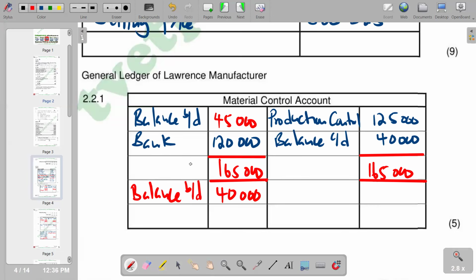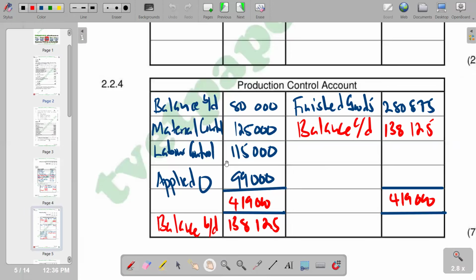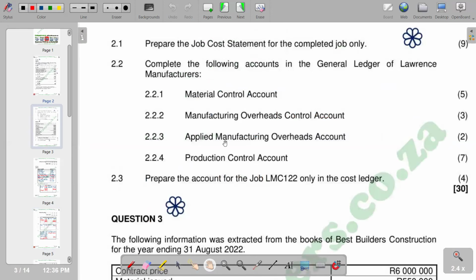Of course, we also have the production control, which we have already balanced. So it means this is the last part of this section. Then we check according to our questions. Remember, we also have 2.3: prepare the account of job LMC 122 only in the cost ledger.